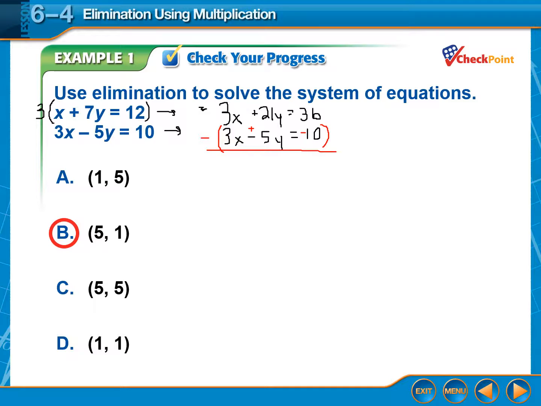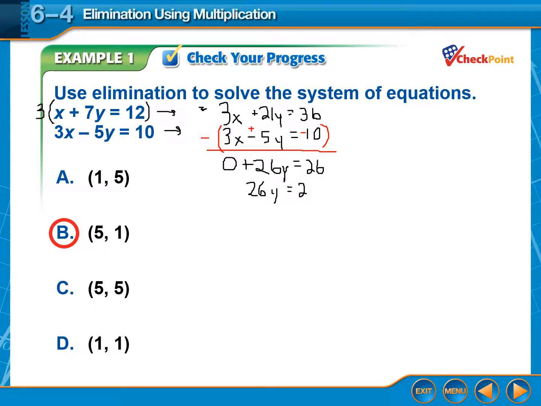So by doing the subtraction, 3x minus 3x is 0. 21y minus negative 5y is actually positive, so 21 plus 5 is 26y. And that's equal to 36 minus 10, which is 26. So 0 plus 26y is just 26y, and that's still equal to 26.